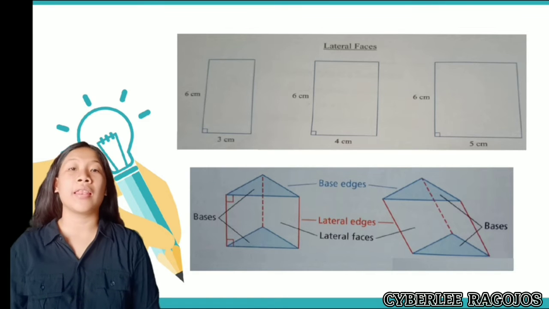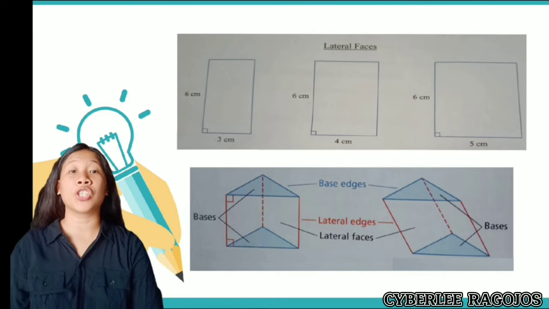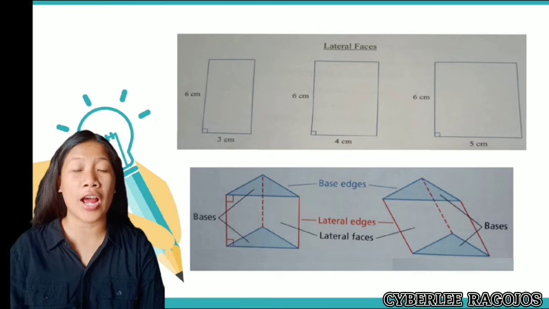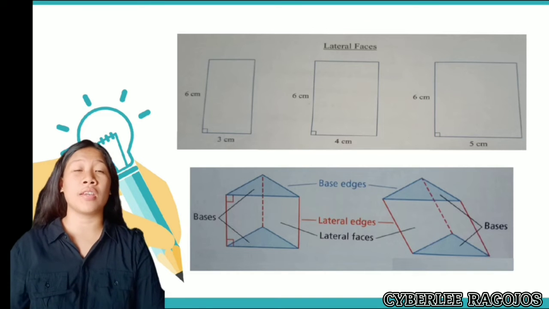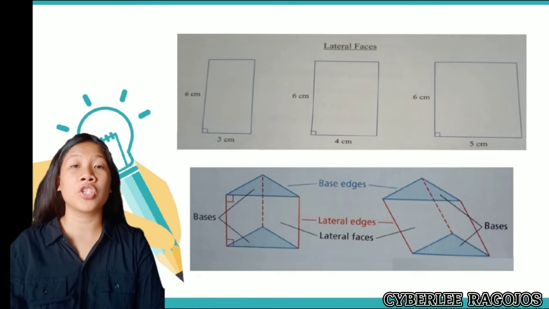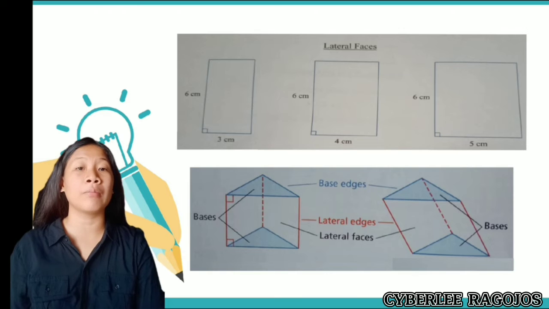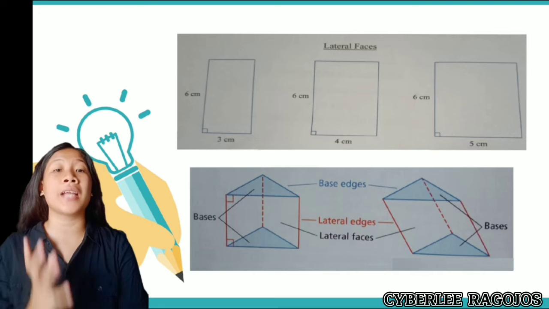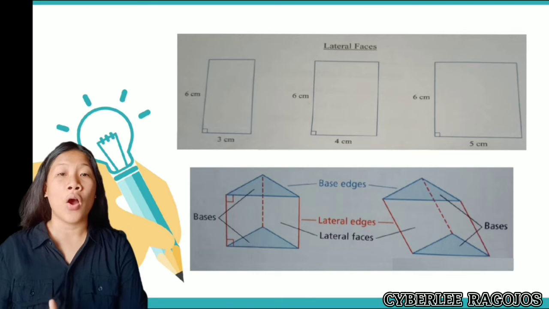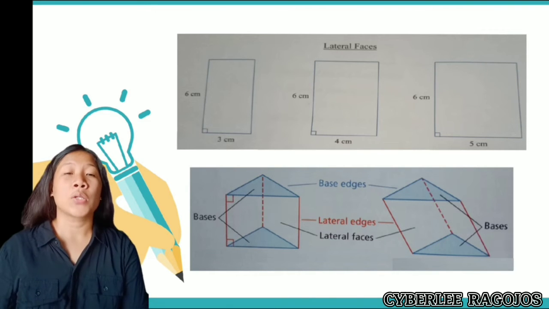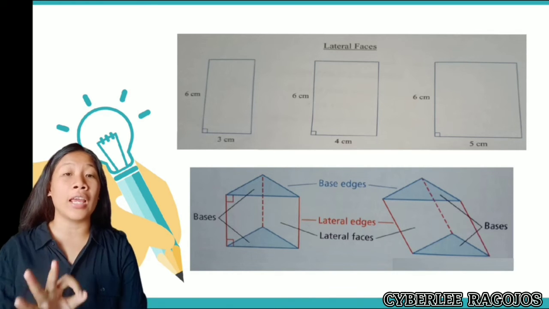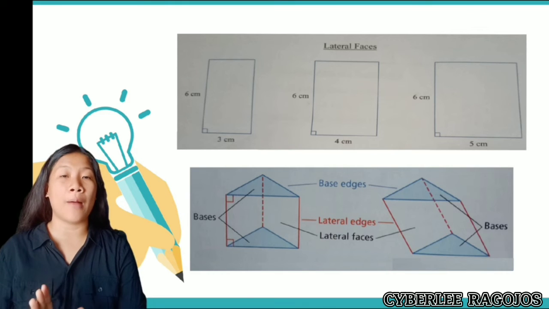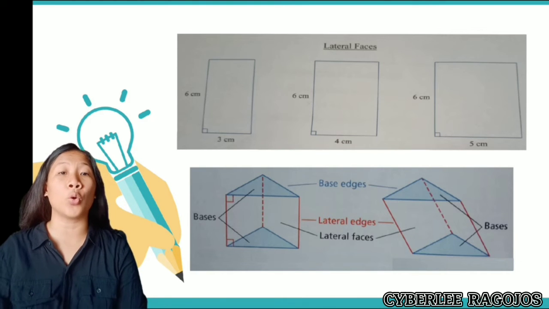As we can see in the picture, yung tatlong shape na rectangles dyan are measured, which is represented as the height and base or length and width. Yung lateral area of the triangular prism is the sum of all the areas of the lateral faces. So kung nakikita natin sa 3 rectangles, there are sum of the areas and we need to compute it.